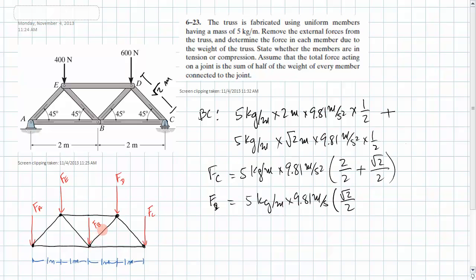This one here is going to contribute with another square root of 2 over 2. And the top one is going to contribute with 2 over 2. So then, in this way, we can write all the weights. So let's just write them down. I'm going to erase this so we have a space.